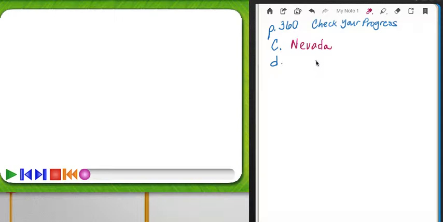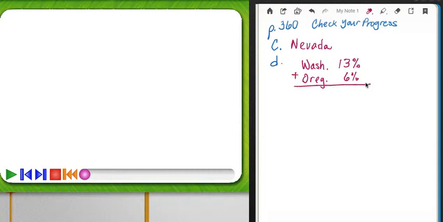Letter D, what was the total number of registered automobiles in Washington and Oregon? So here we want to find a total. So we want to add the two together. Well, we could find them separately: 13% of 24 million, 6% of 24 million, and add those together.